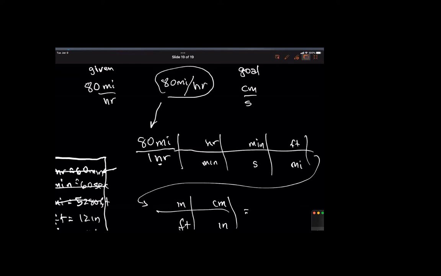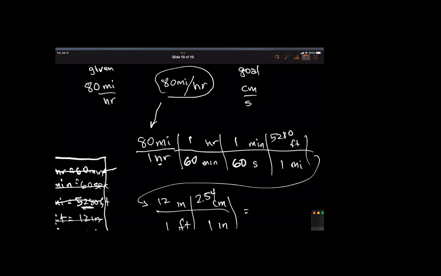Over here, I've got 60 going with minutes and 60 going with seconds: 1 minute, 60 seconds. I've got 5280 feet is 1 mile. I've got 12 inches is 1 foot right here. And I've got 2.54 centimeters is 1 inch right there.